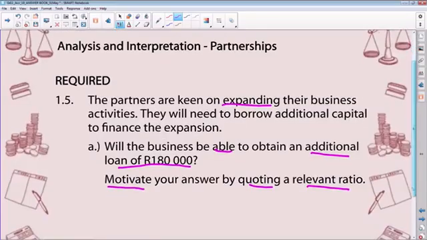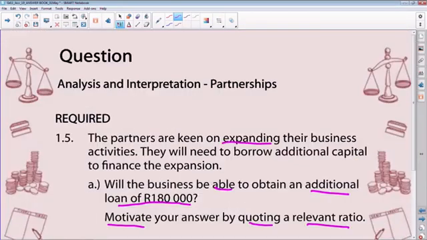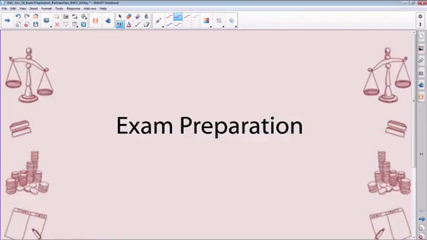Okay, right, so what information do we now need to look at in order for us to establish whether or not the business can secure this loan? So let's go to our information and let's look for something that's going to indicate whether or not the business can borrow more loan or take out an additional loan. Right, so our information.